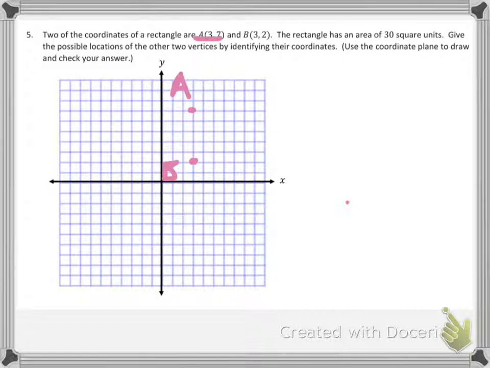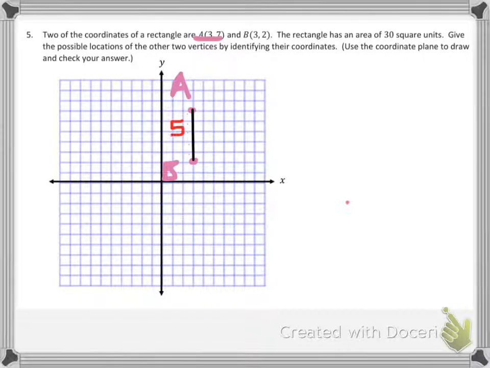And then the rectangle that we have to create has to have an area of 30 square units. So I'm going to start this rectangle, which has a side length of 1, 2, 3, 4, 5.